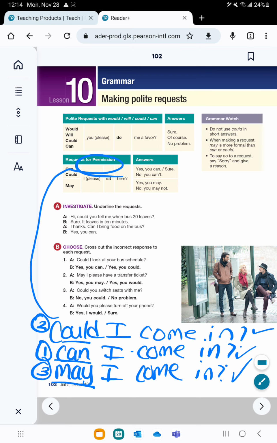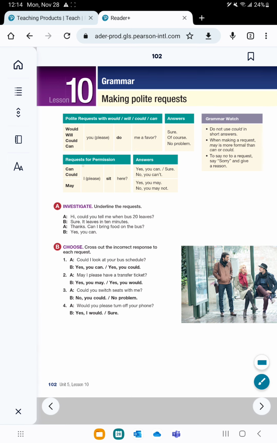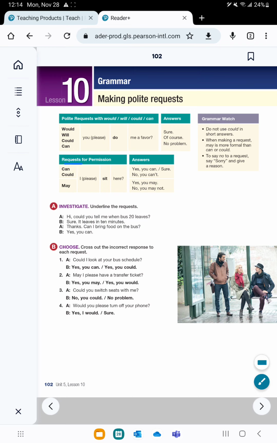So those are the simple ways to ask for permission to do something. And notice those are the only three you can use. If we look at our ways to make polite requests, you can only use can, could, or may. That is it for polite permissions.